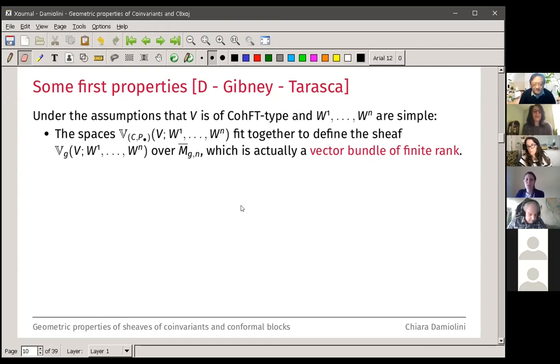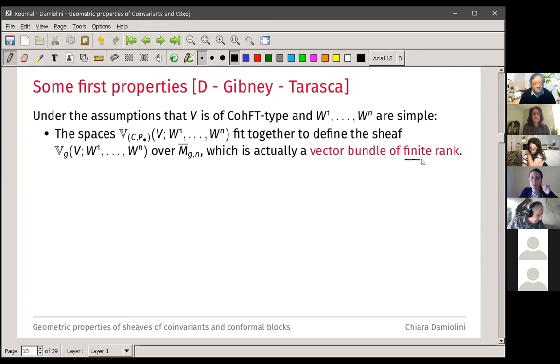Okay, so this result here should be a theorem, but I just list these properties because it's not the main result of the day. It tells us that these spaces don't just fit together as a sheaf of modules without properties, but actually they define vector bundles of finite rank. There are two important properties.